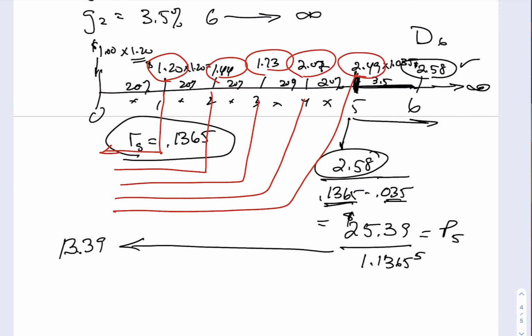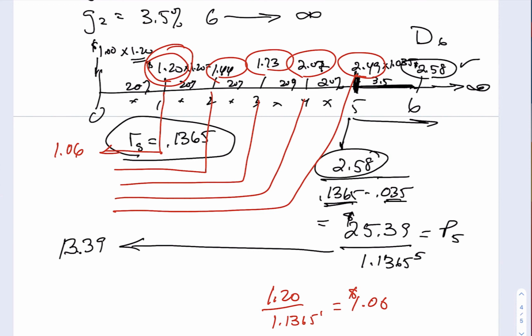And when we do that, and we're going to discount each one by 13.65%, we're going to get $1.06 here. And the $1.06, let me write it down here. We're going to take $1.20, this dividend right here, discount it by 1.1365 to the 1 power. That's $1.06. Okay, so there we get $1.06.